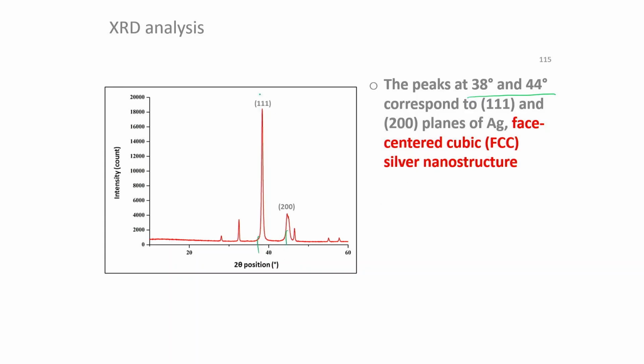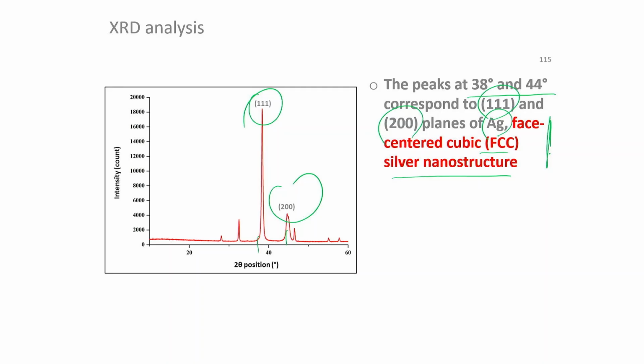These two peaks correspond to the 111 and 200 planes of silver, and face centered cubic silver nanowires were manufactured.